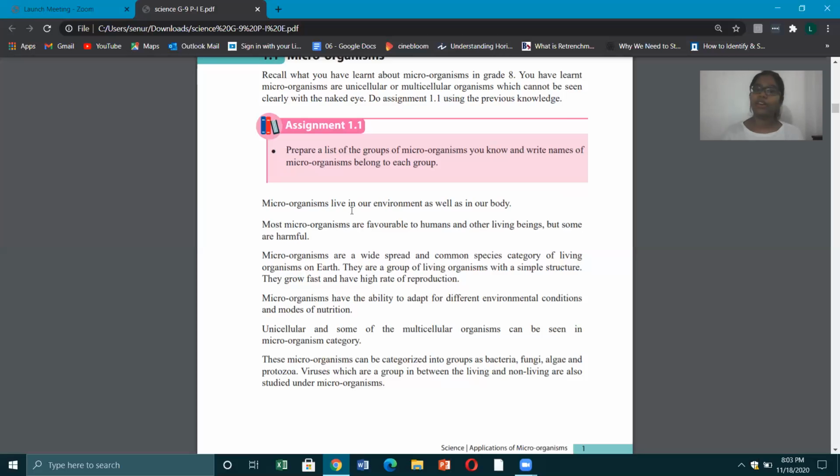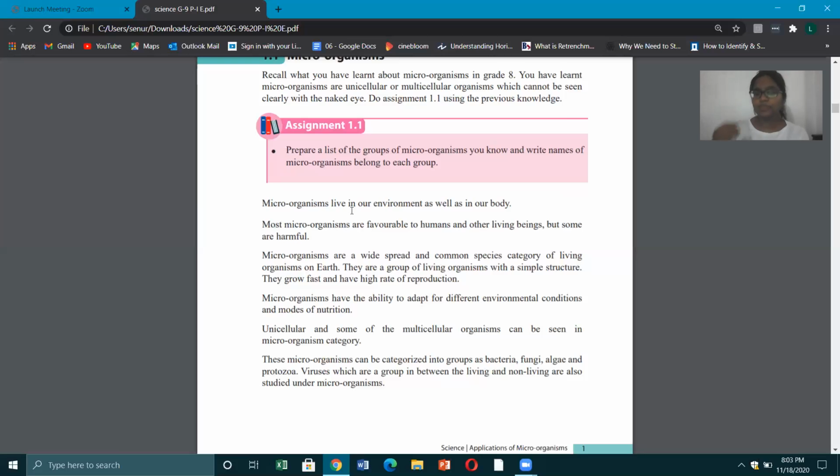They grow fast and have a high rate of reproduction. Now that is a very unique and specific feature of them, which is that they grow really fast. Let's take that teacup example again. If you keep a tea open even for a few seconds, the number of microorganisms, the number of bacteria inside it can replicate, can multiply itself many times.